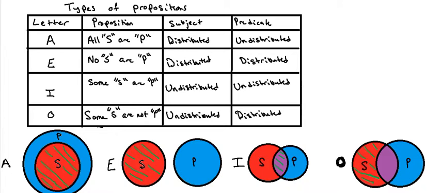The green slashes are going to represent where the claim falls. So for A, our claim is all inclusive. The subject is all inclusive within the predicate, and the predicate has stuff that's on the outside, so it's undistributed, but the subject is completely contained in the predicate, so it is distributed.